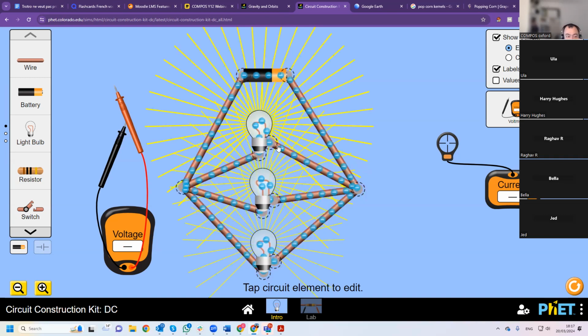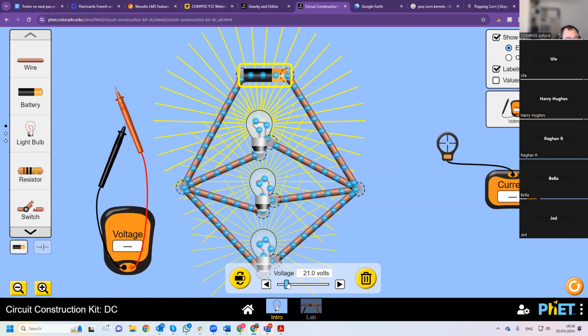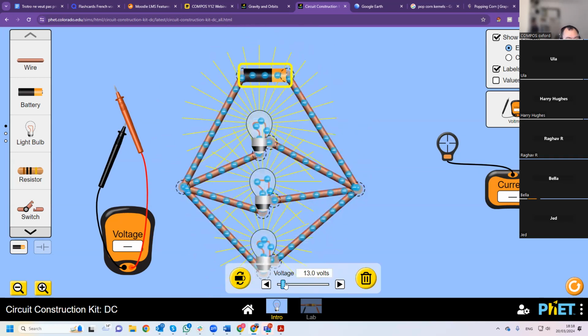I can't really see, so I'm going to reduce the voltage to, let's say 12. No, actually, let's make it 8.